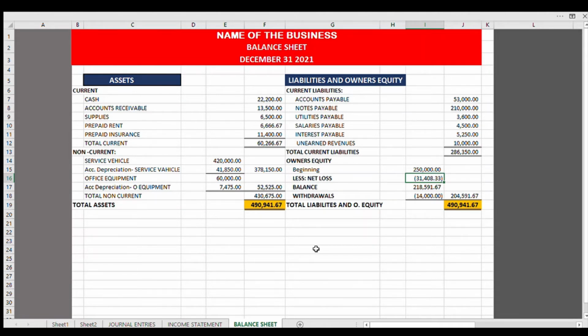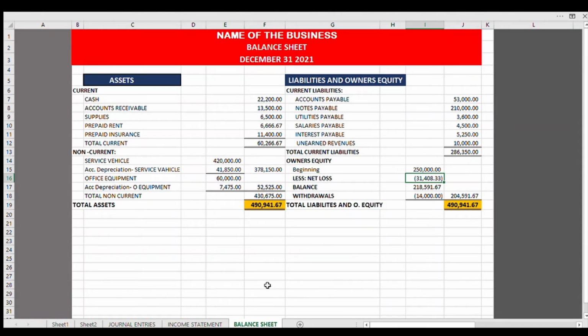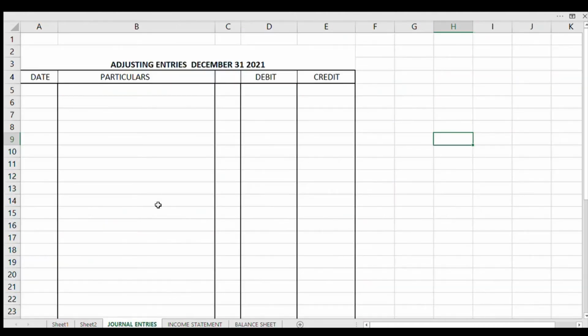So here it is, the formal financial statements are already prepared, the income statement and the balance sheet. Now we will go to the journal entries. Actually, these journal entries were prepared way back, during the preparation of the worksheet. But in this case, we'll just show you how the journal entries will look. So here it is.